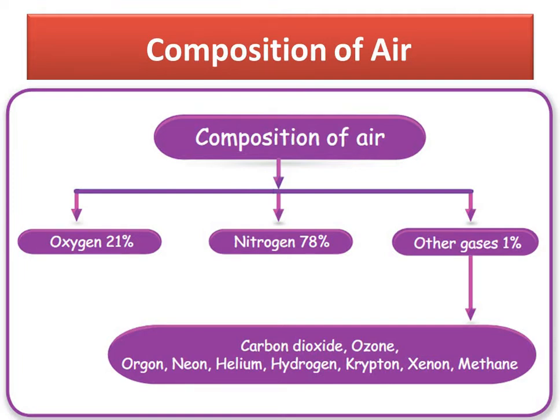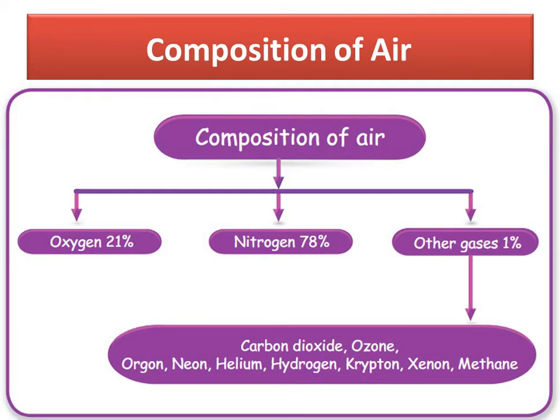You can see mainly the composition is divided into three. Main one is nitrogen. Nitrogen consists of 78% of air. Followed by oxygen, which is our life gas, isn't it? 21%.